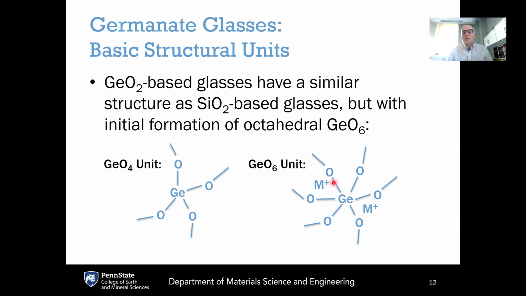So this requires 2+ charge worth of modifiers, so either 2 alkali modifiers or 1 alkaline earth modifier to charge stabilize this octahedral germanate unit. When this happens, obviously this increases the connectivity of the glass network, and this can lead to anomalous scaling of properties of germanate glasses, analogous to what we saw with the boron anomaly, where viscosity can go up before it goes down.